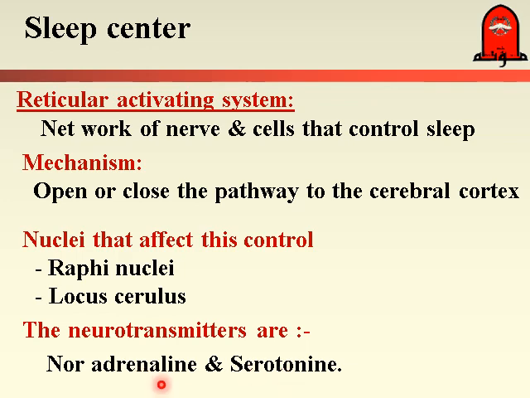Generally speaking, noradrenaline will produce excitation and serotonin will produce inhibition, so this will produce sleep and that will produce a change in the sleep pattern or change in alertness.